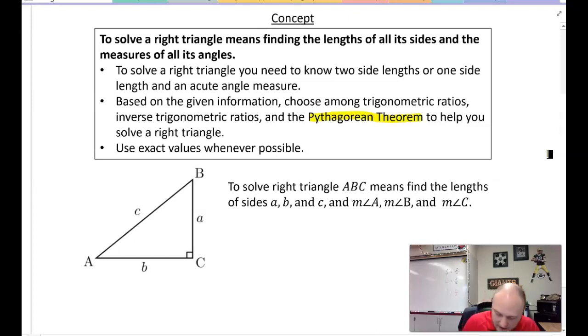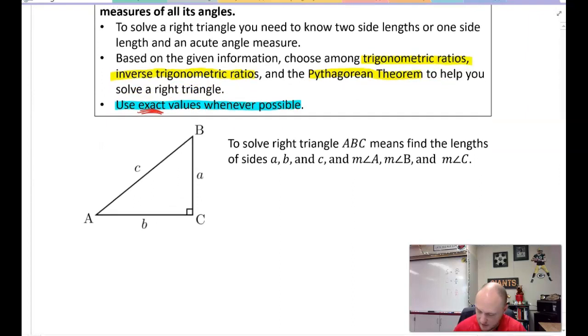You may have to use inverse trig ratios to help you find angle measures. You may have to use trig ratios to help you find sides. And you may have to use the triangle sum theorem. That's another way to help you find angle measures. The key idea here is that you want to use exact values whenever possible. So we're going to try to use whatever information's given to us.